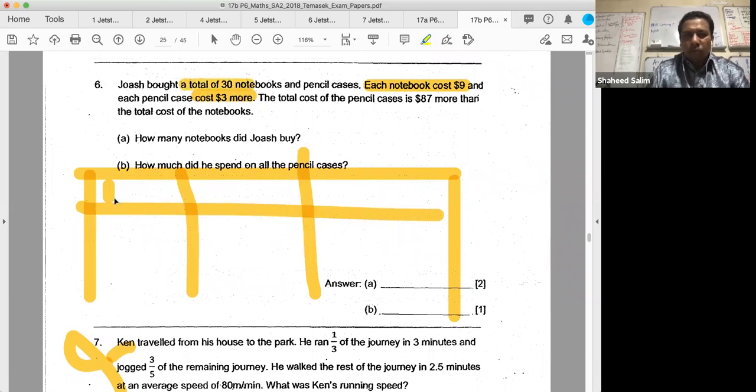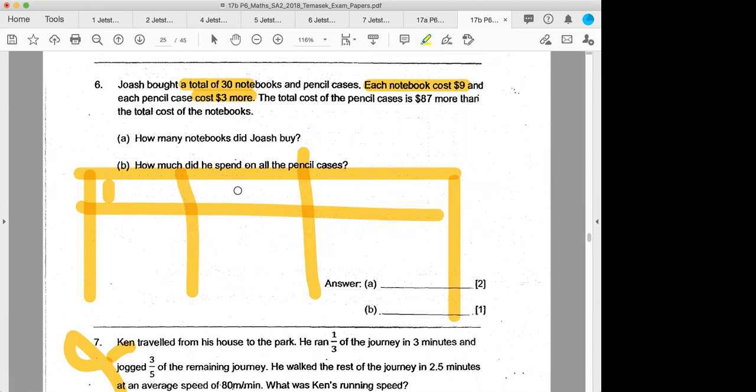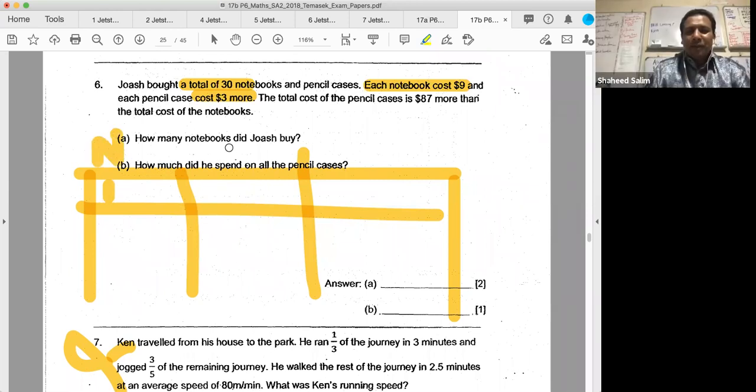If there's one notebook, how many pencil cases will there be, Shafika?